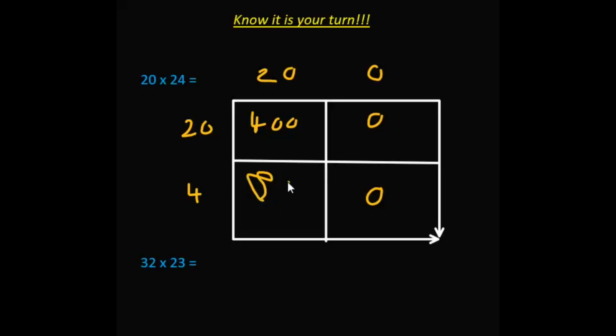Okay, so now 4 times 0 equals 0. Now all we have to do is add both of these numbers together. 480. So let's write down 480. Okay, so now let's erase all of these numbers here.